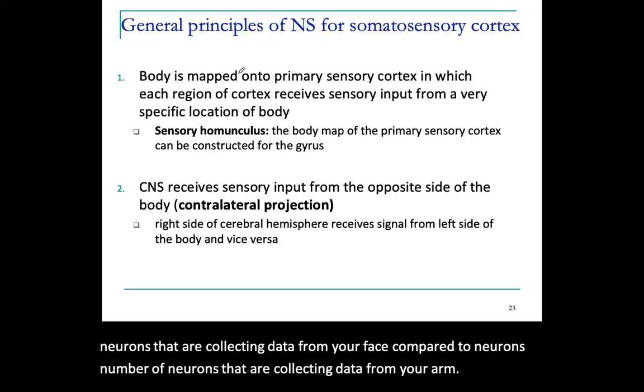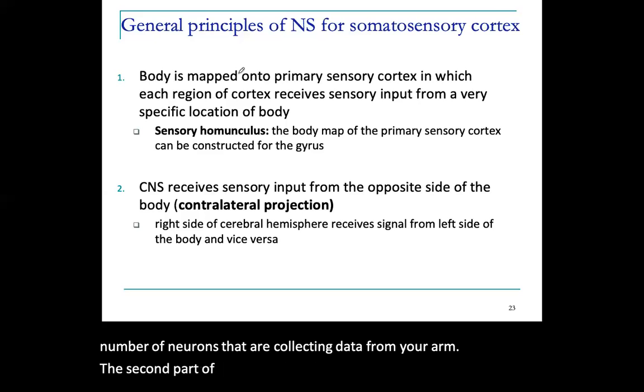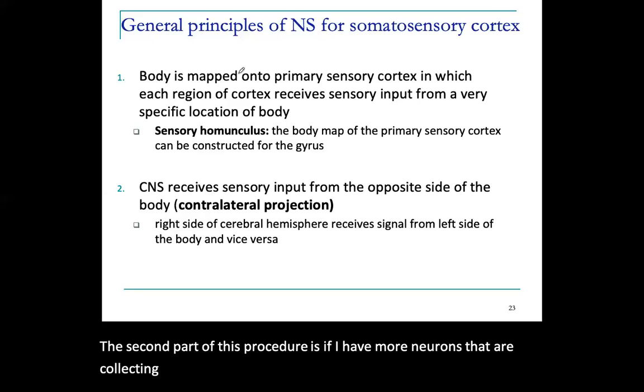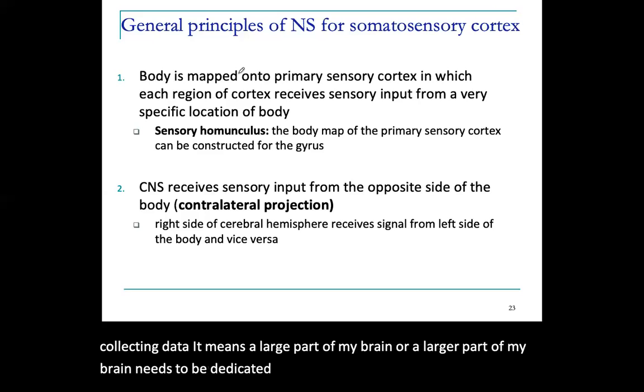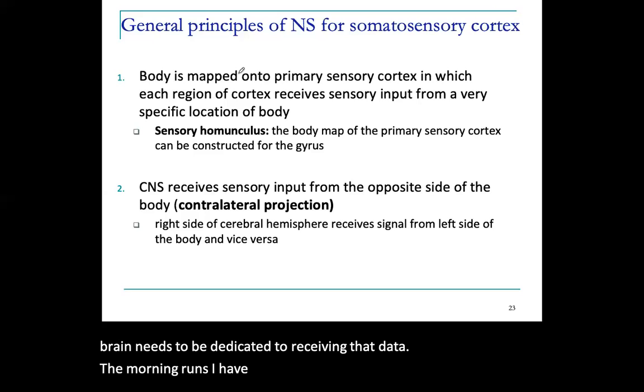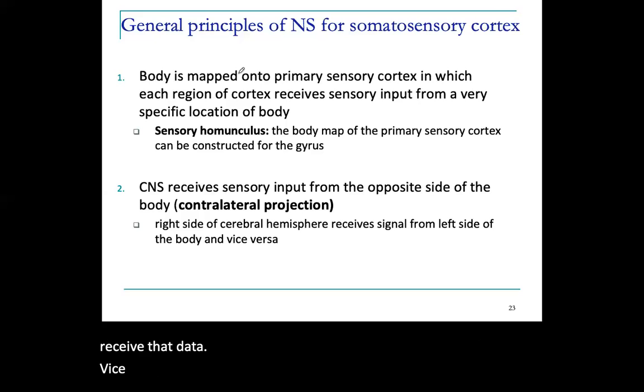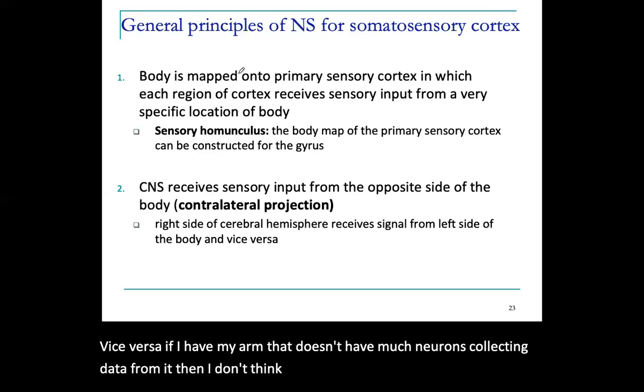So if I have more neurons collecting data, a larger part of my brain needs to be dedicated to receiving that data. The more neurons I have, the larger the area needs to be. Vice versa, if my arm doesn't have many neurons collecting data from it, then I don't need to dedicate a large portion of my brain to receive that data.